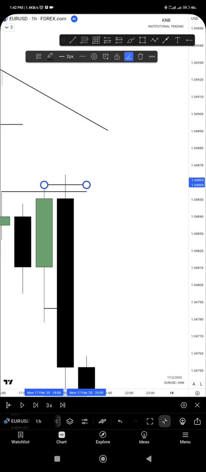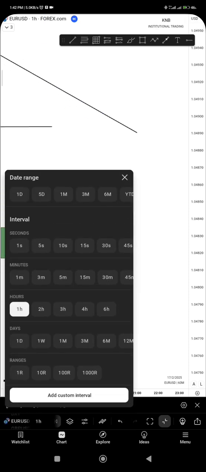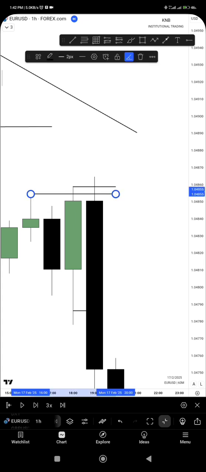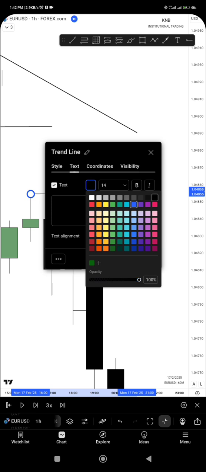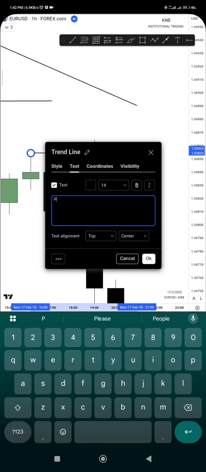This is above the previous H4 high. So note, let me type it so that you will see it. This is previous H4 high, previous H4 high.